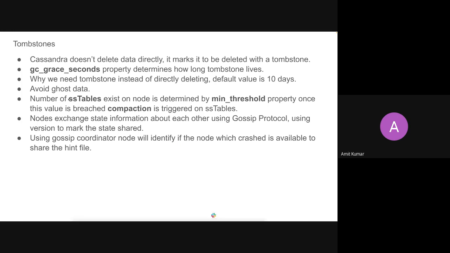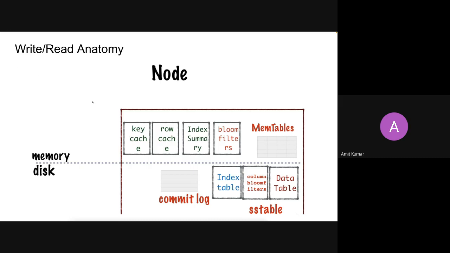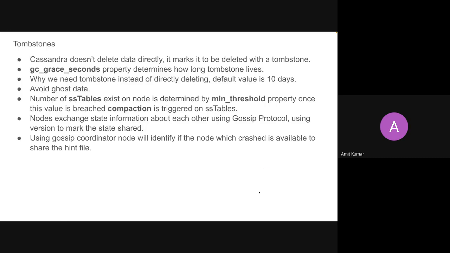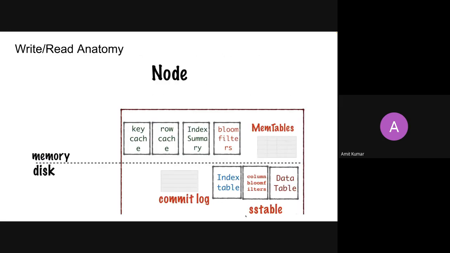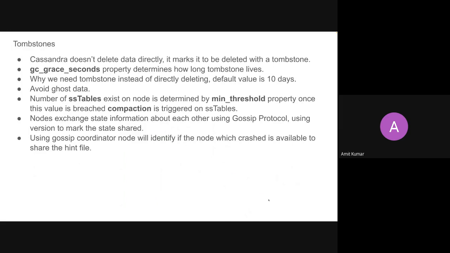So number of SS tables, now coming back to SS tables. So these are our SS tables. The number of SS tables which exist on a node is determined by the min threshold. These SS tables basically are the physical existence of our data.